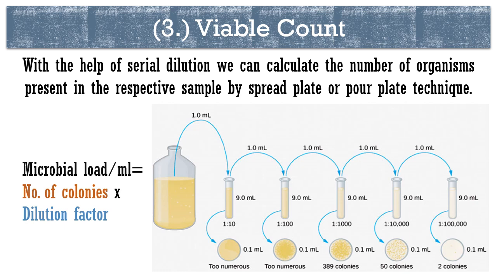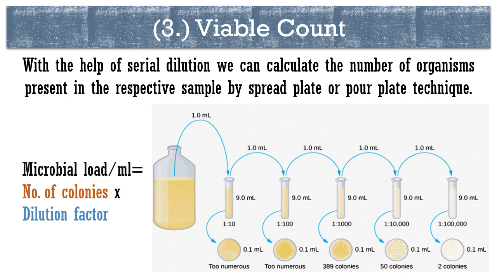Basically it is for decreasing the microbial load in the actual sample. Whenever a sample has a higher microbial load, we undergo serial dilution. In that, we serially dilute the original solution, or we can say the original sample.